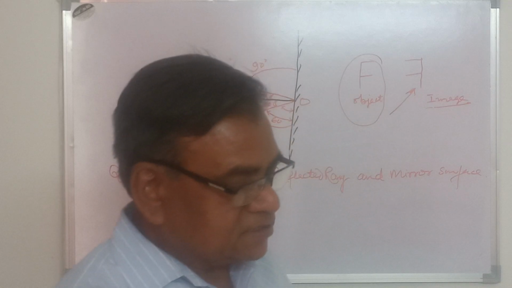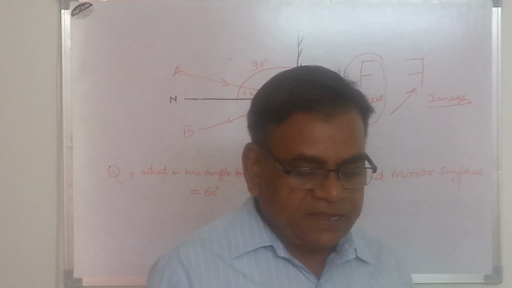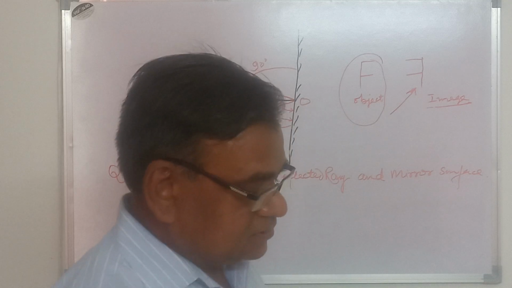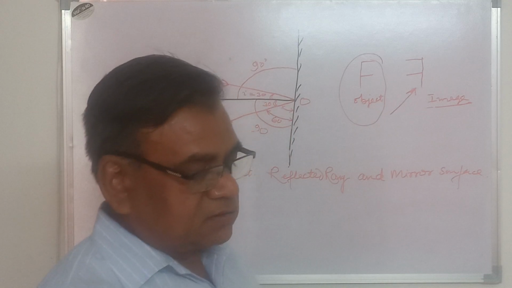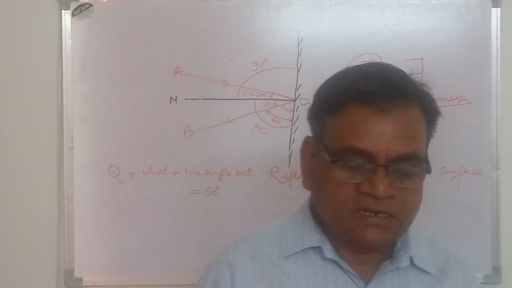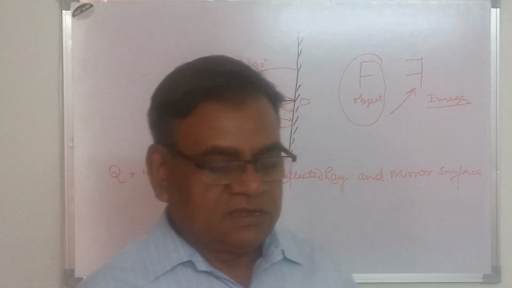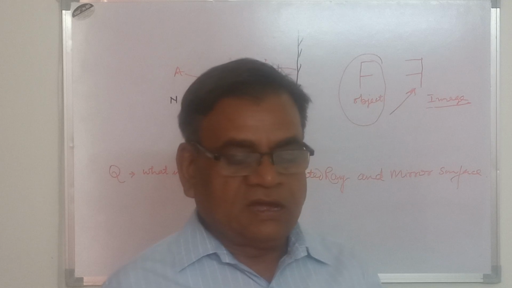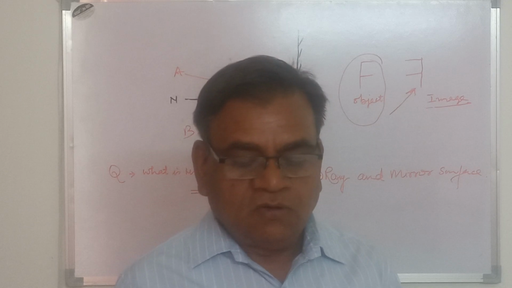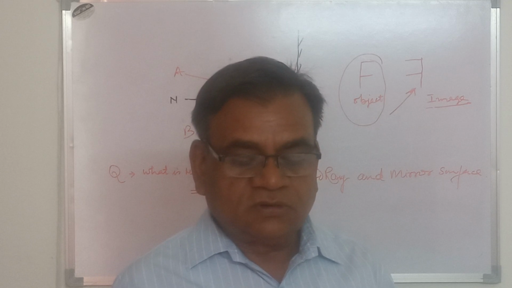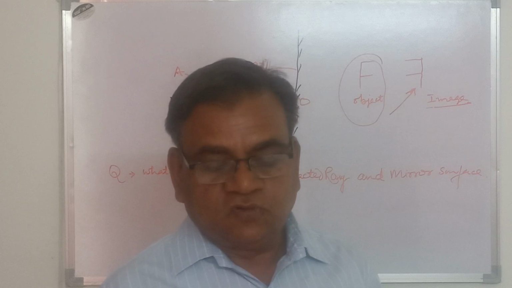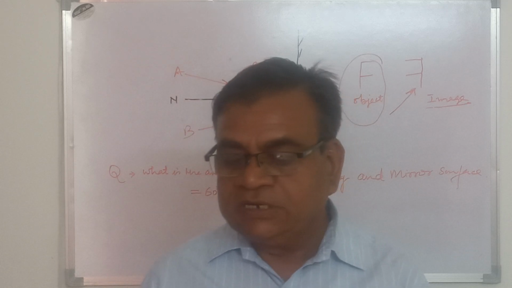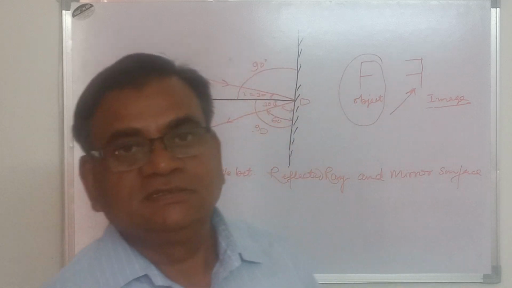A man stands 10 meters in front of a large plane mirror. How far must he walk before he is 5 meters away from his image?